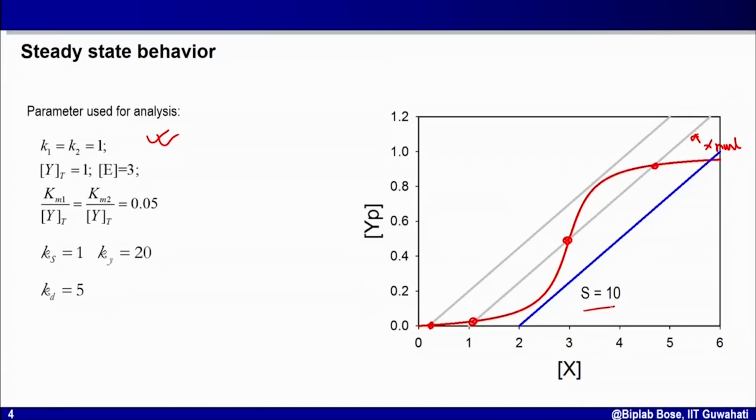Let us increase S further. I double S to S equal to 10. Now this blue line is my x null cline. Now I have only one point of intersection there. So that means that is my steady state. So what is happening here? As I change S, my y null cline does not change because the y null cline does not have any S term in that equation.